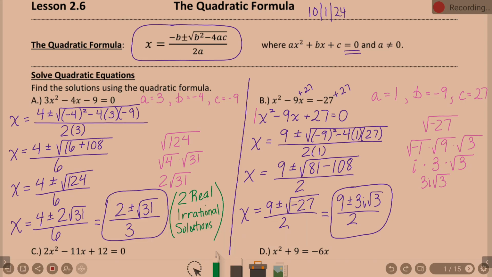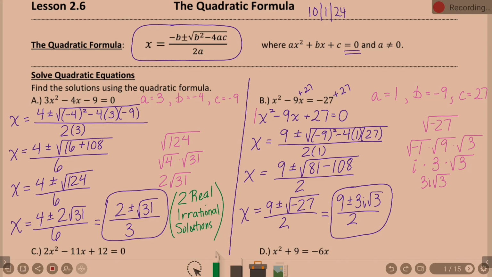We're going to talk about what our types of answers are here, okay? Part of understanding here. How many answers are there? 2. There's a plus or a minus. Because on top, you're going to do 9 plus the number divided by 2. That's one answer. Then you're going to do 9 minus the number divided by 2. That's your second answer.